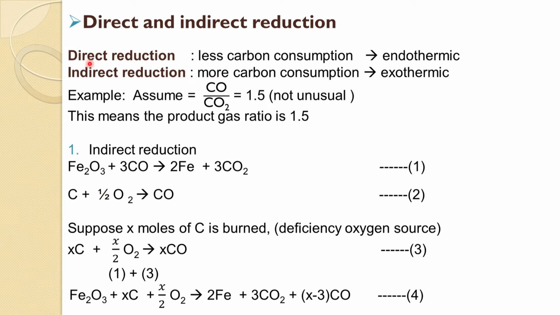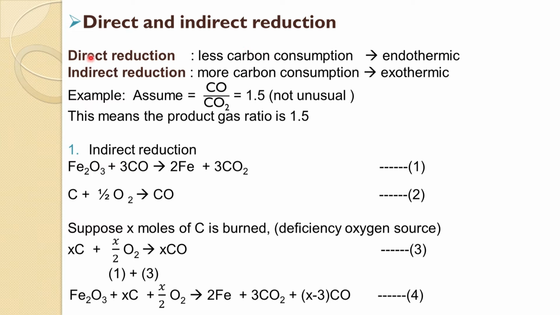As you know, direct reduction needs less carbon consumption, it is endothermic, so it needs heat. Indirect reduction needs more carbon consumption, and is exothermic. And as you know, in the blast furnace carbon is the main reductant, and the aim always is to reduce the consumption of carbon, that is coke, and that is a very important thing.